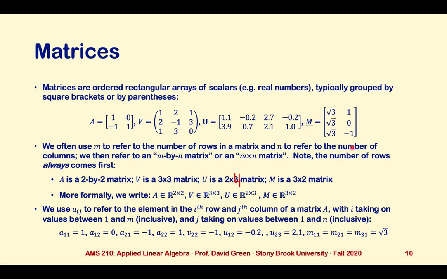We can express the idea that all of the entries in the first column of M are the same, the square root of 3, by writing M11, first row, first column, equals M21, second row, first column, equals M31, third row, first column, which all equal the square root of 3.